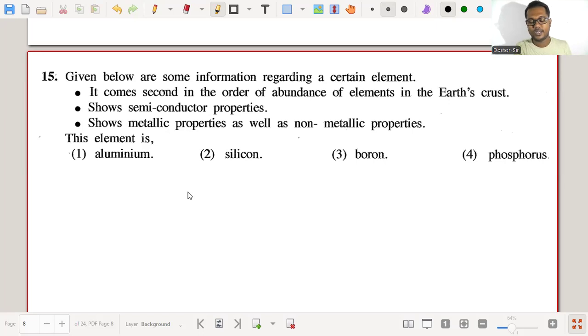Please put the correct answers into the chat box. Okay. Please carefully read the questions, then try to find out the answers.